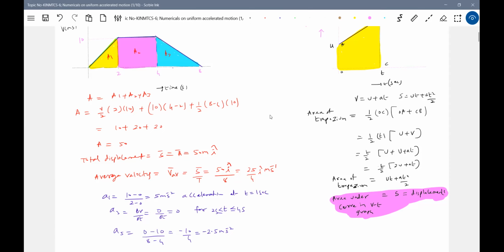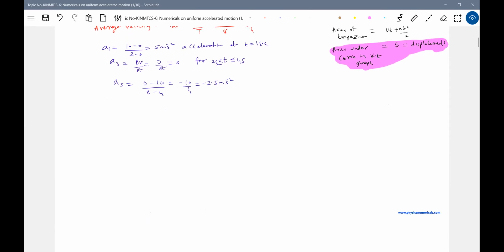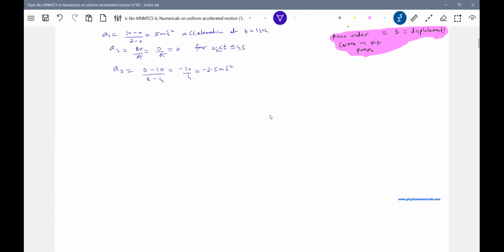The next question comes. From the VT graph, what all can we determine? We can find out, so let me summarize here. From the VT graph, means from the velocity versus time graph, what all can we find out?